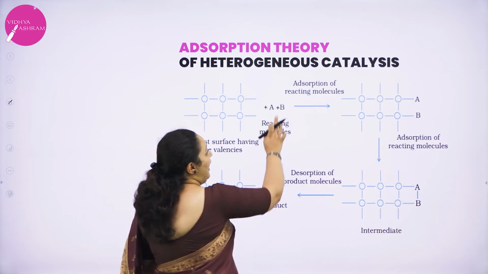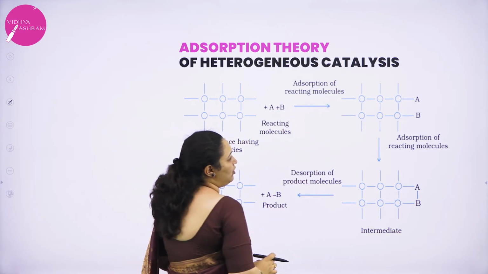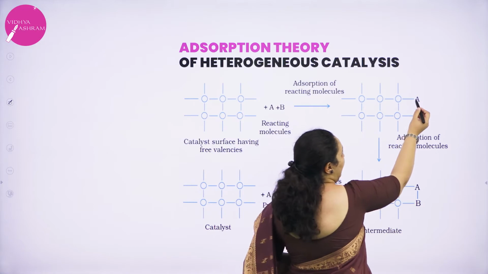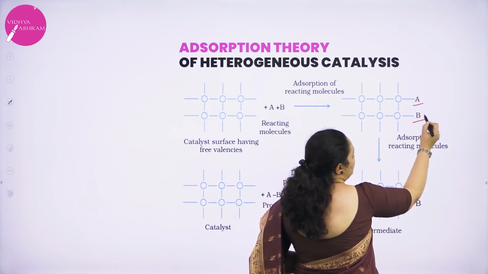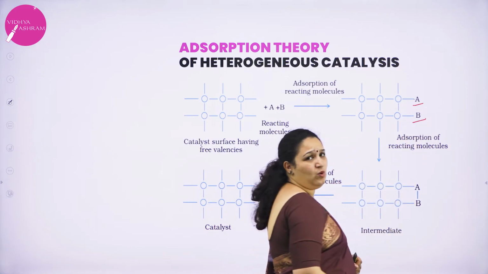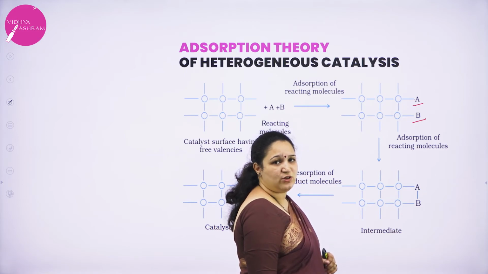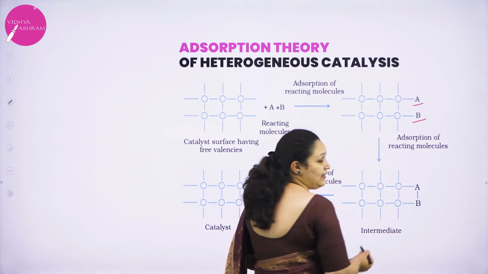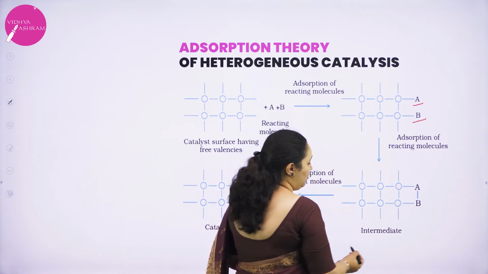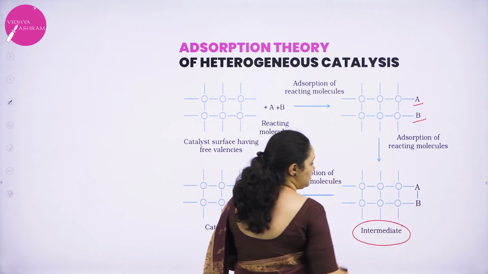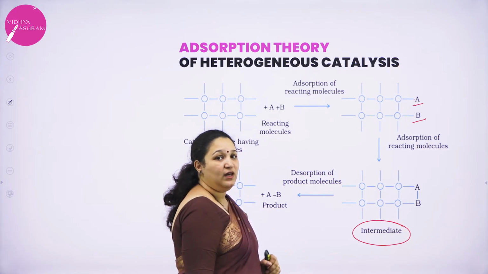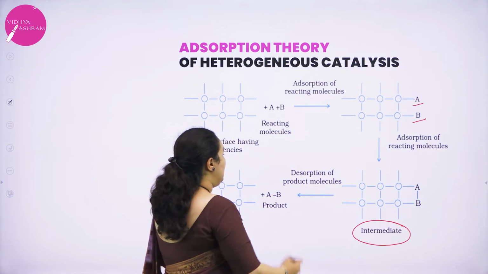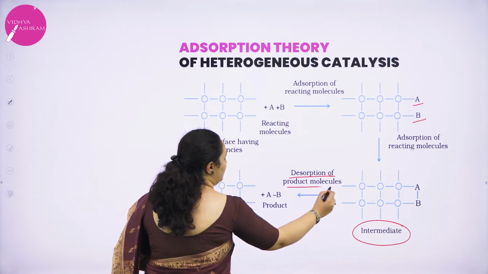Second step, adsorption of the reacting molecules. Now you can see here A and B are adsorbed next to one another on the surface of the catalyst. The third step is that the reactants react with one another and an intermediate is formed. The fourth step is desorption of the product molecules.